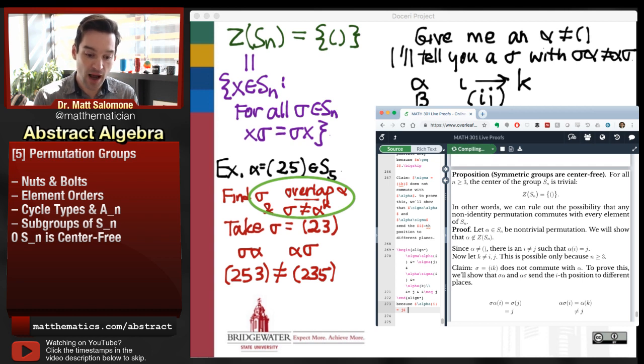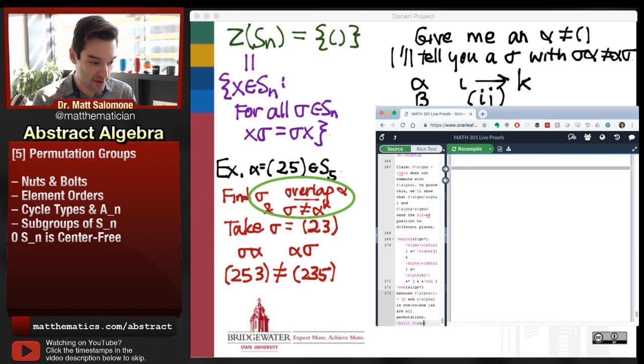So alpha is sending i to j, and it can't send more than one thing to the same position. A permutation is always a bijection, right? It's always one-to-one. So I can't send two positions under the same permutation to the same image. I can't send them both to the same spot because alpha of i is equal to j, and alpha is one-to-one, as are all permutations.